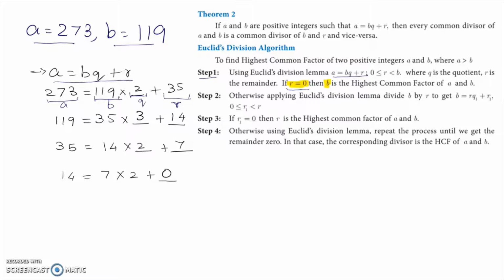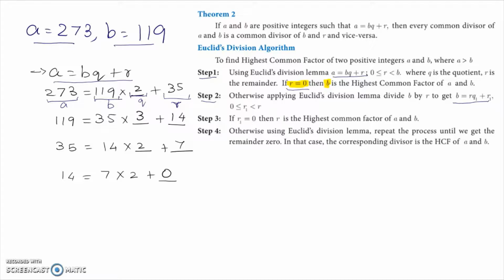So let's come here. Our A, our B, our Q, and R. But it says if R is equal to 0, or R is not equal to 0. So if it's not equal to 0, what happens? Otherwise, in step 2, it says, applying the Euclid's division lemma, divide B by R to get B is equal to RQ1 plus R1. So let's apply here.